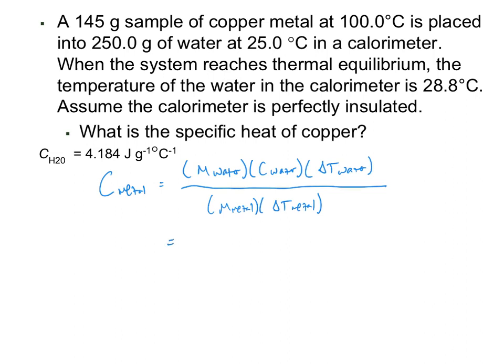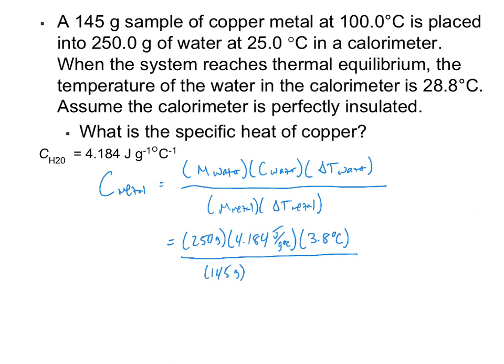We know the mass of the water is 250 grams. Specific heat of the water, 4.184 joules per gram degree C. The temperature of our water went from 25 degrees Celsius to 28.8 degrees Celsius for a temperature change of 3.8 degrees C. We were given the mass of the metal at 145 grams.